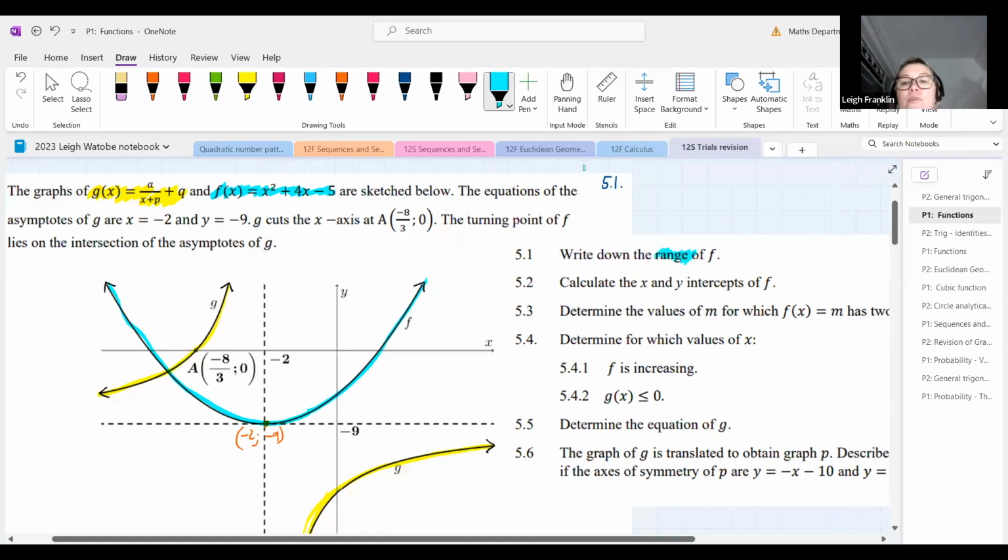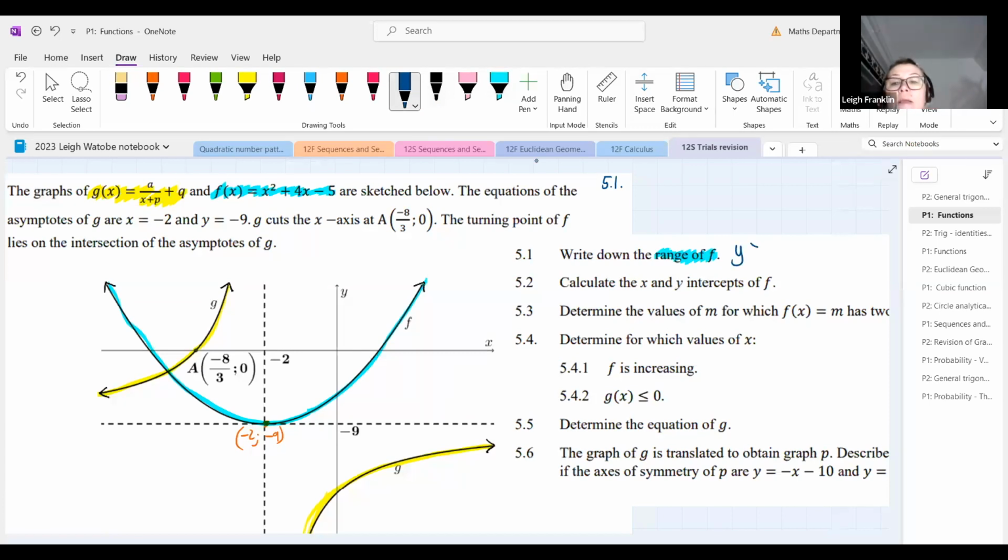When we talk about the range, it's not our set of x values, it's our set of y values. So this particular function is a smiley face parabola. It has a minimum and the minimum value is -9. So our range can be written in one of two ways.